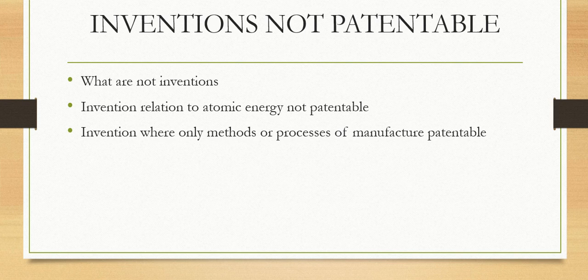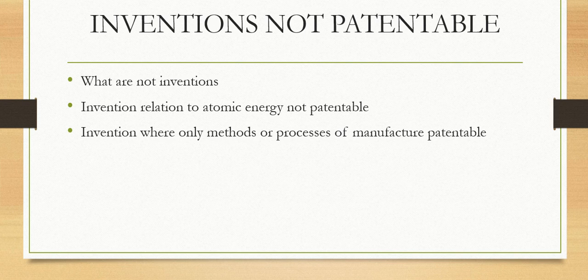Second one is an invention the primary or intended use or commercial exploitation of which could be contrary to public order or morality, or which causes serious prejudice to human, animal, or plant life, or to health or to the environment. So anything which causes serious injuries to any living things, that invention will not be considered.